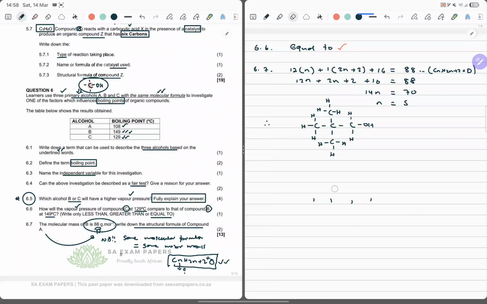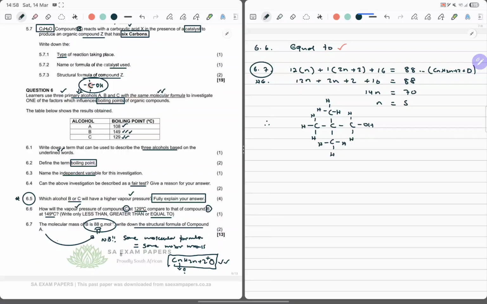So this means this molecule has 5 carbons, and it is what it is. So again, folks, this highlights the fact that you need to know enough mathematics.